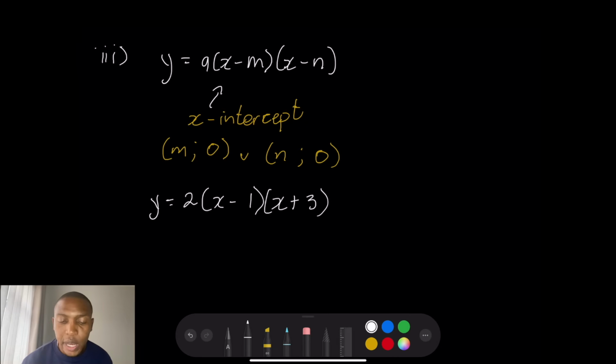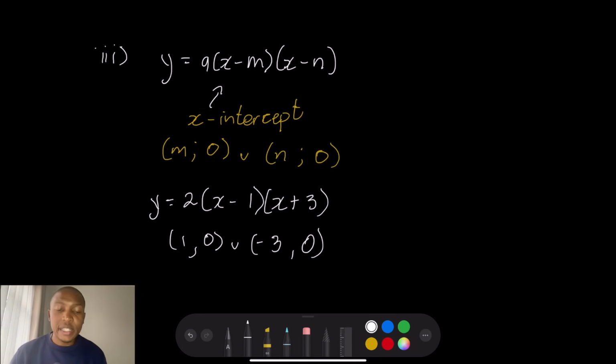We would just equate that to 0, and you'd be able to solve for x, and in that case we would have our x-intercepts being 1 and 0, as well as minus 3 and 0. Note that they change sign.